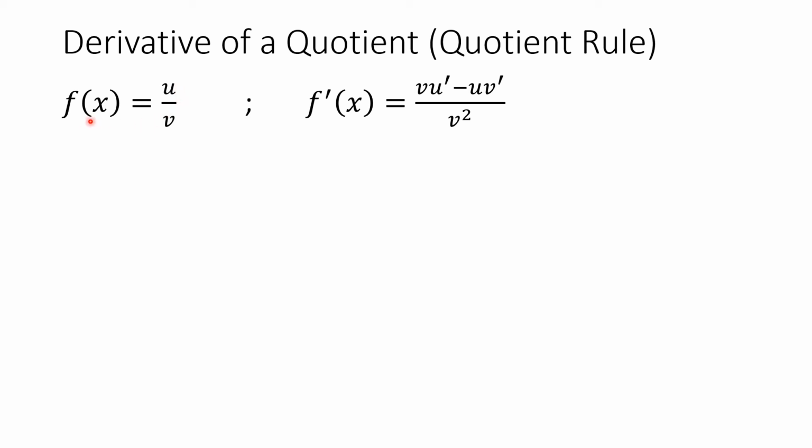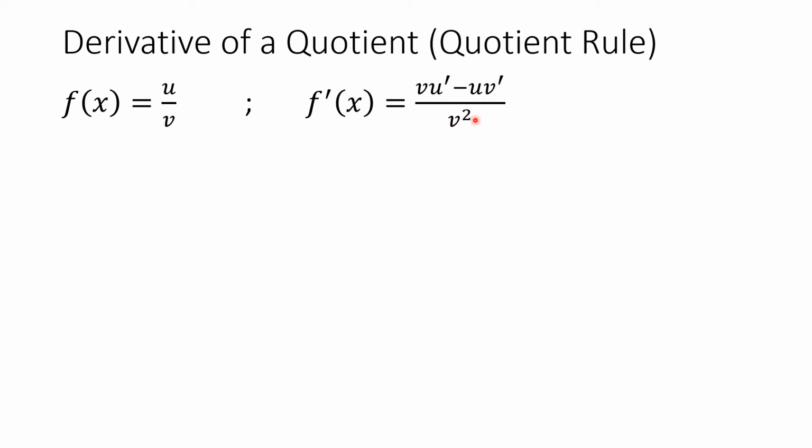So the derivative of a quotient, or the derivative of f of x equals u over v, is f prime of x is equal to v times u prime minus u v prime, all over v squared.